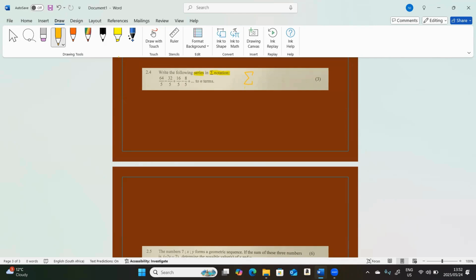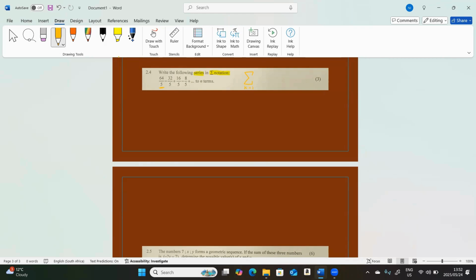So then you can go and write, if they don't say anything in terms of at which term we start, you write k equals 1. Guys, that just means that in this sequence of terms that we are adding together, we are starting at the first term of the sequence, and that is then 64 over 5. Okay, that is what we say when we say k equals 1.